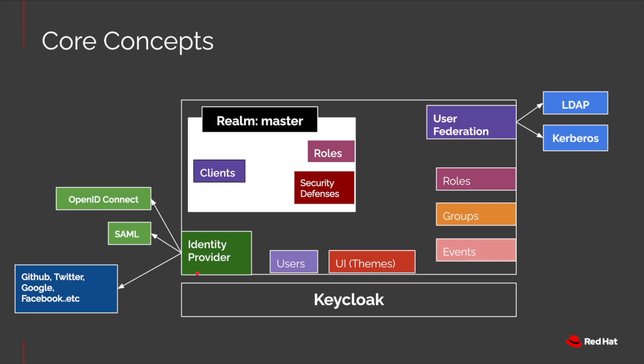It comes with identity providers like OpenID Connect, SAML, or you can also do social logins using the identity provider setup. You can also allow your LDAP or Kerberos users to get authenticated using Keycloak.